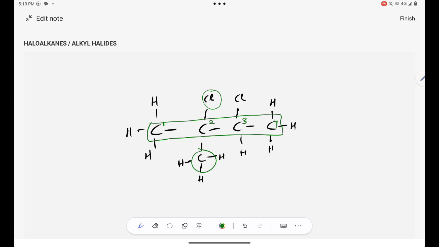Are you together? So we'll always prefer the terminal which is closer to either halogens or side chains, or both halogens and side chains. So whenever we start counting from the left, we have a halogen and a side chain at carbon number 2.